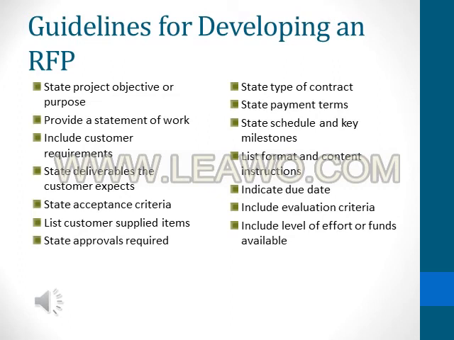An RFP must provide a statement of work. The statement of work deals with the scope of the project, outlining the tasks or work elements the customer wants the contractor or project team to perform.